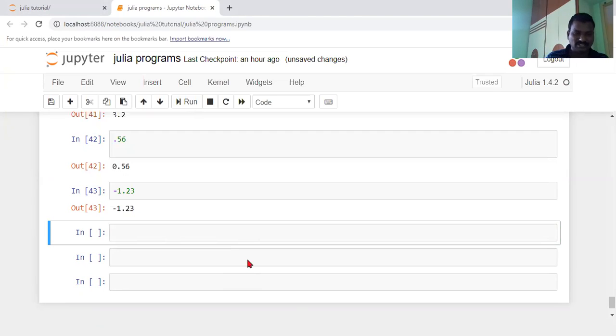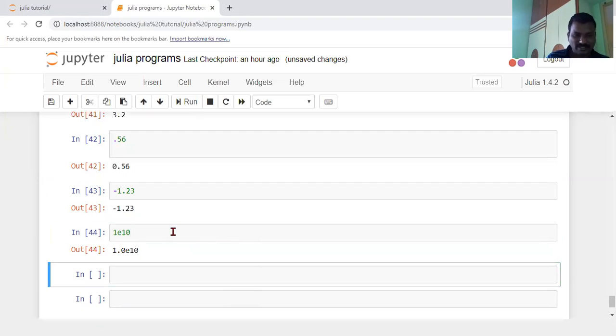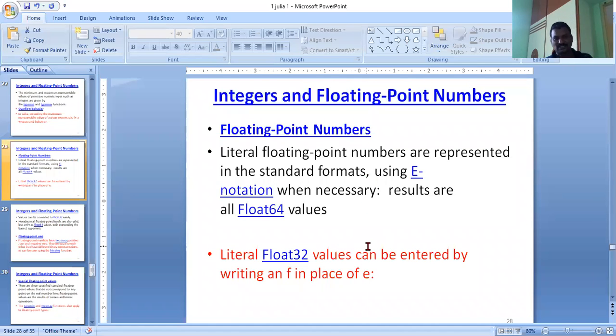Here you are also considering the exponential value of floating point, infinite values, some values here. In this way you will allow the floating point numbers here. Another important point in this case is the literal 32.